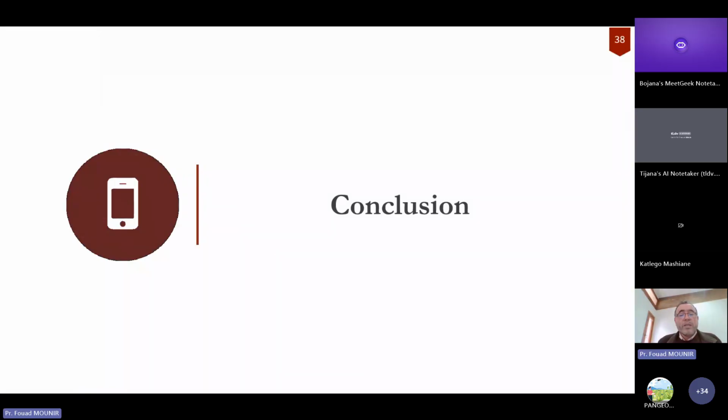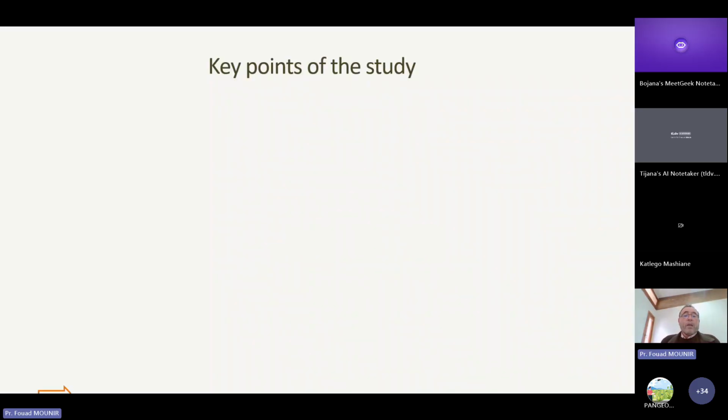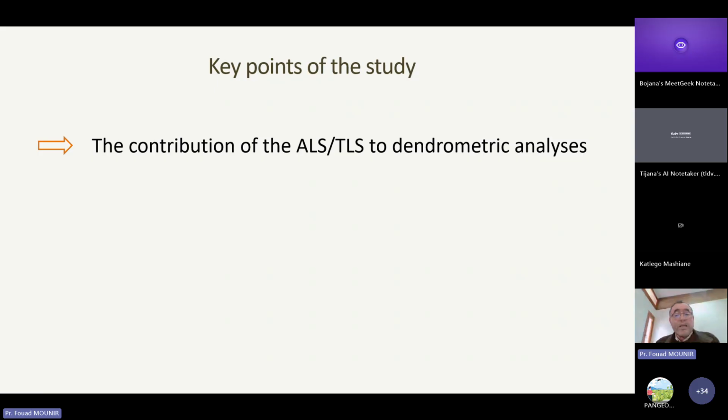As a conclusion, we can say that the contribution of the ALS and TLS data is very important for estimating dendrometric attributes, doing dendrometric analysis based on some algorithms and programs that have been derived mainly from our package. The accuracy of measurements is very high.